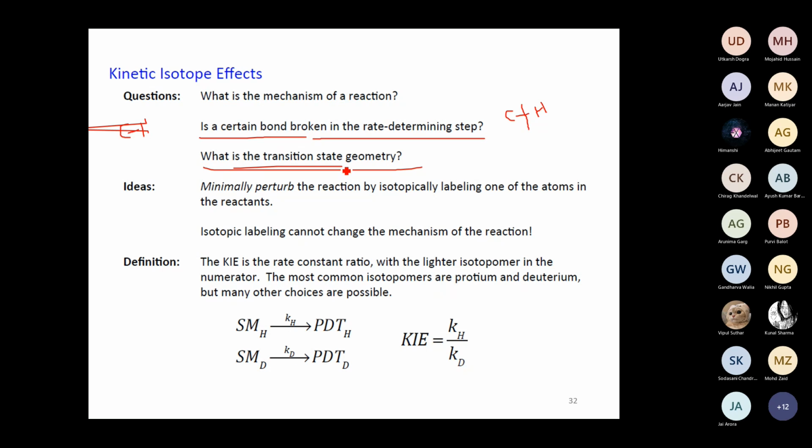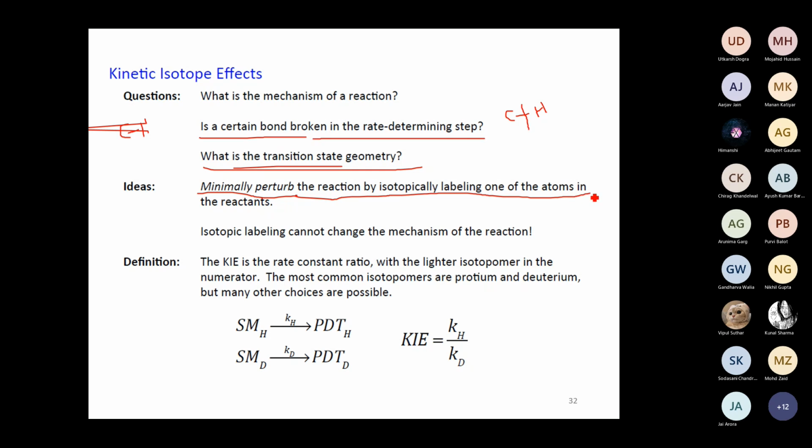All right. So basically, what is the kinetic isotope effect? Scientifically, it is a minimal perturbation. Do you know perturbation theory in quantum mechanics? No, sir. Okay, forget about that. Perturbation, you can say, is a disturbance. So it is a minimal change of a reaction by isotopic labeling one of the atoms in the reactant.